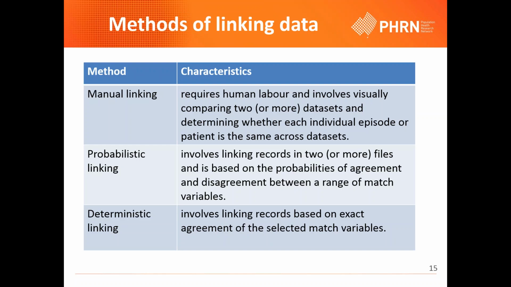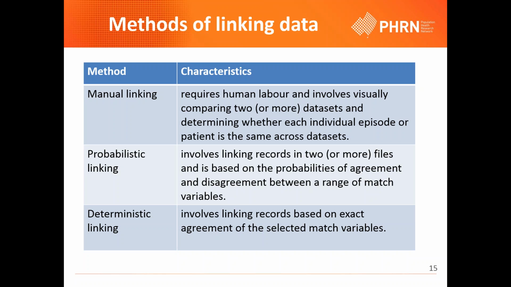I mentioned briefly before that we mostly use probabilistic linkage, which is working out the probability that any citizen in the hospital record is the same as any citizen in the death record. But there are other ways of doing linking, including manual linking, which is just looking at two records and deciding yourself whether it's the same person or not. That, of course, is very labour intensive and is not something that gets done very often anymore.